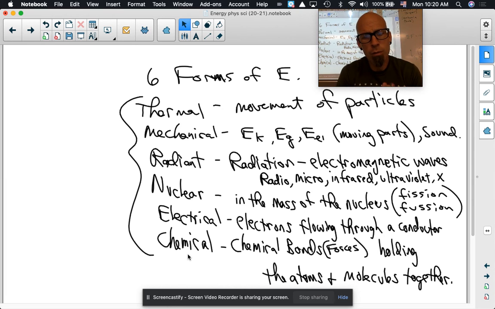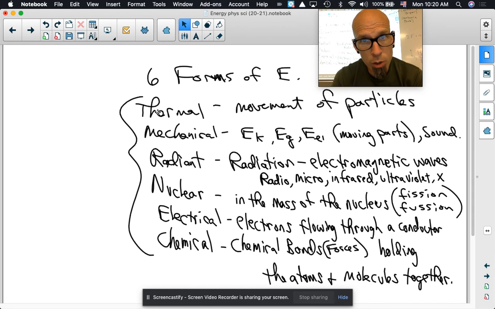I'm able to go from what form to what form because of the friction forces between my hands. Again, the moving of my hands back and forth is a what? That is a mechanical energy. And that allows me to produce what? A thermal energy because of the friction forces between my hands.